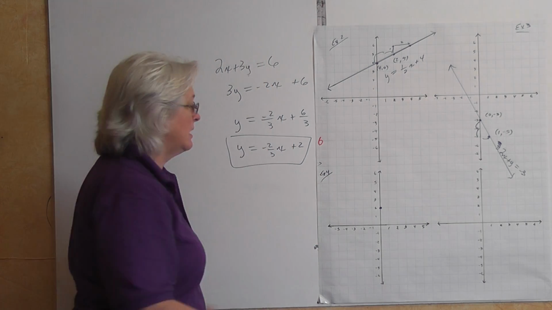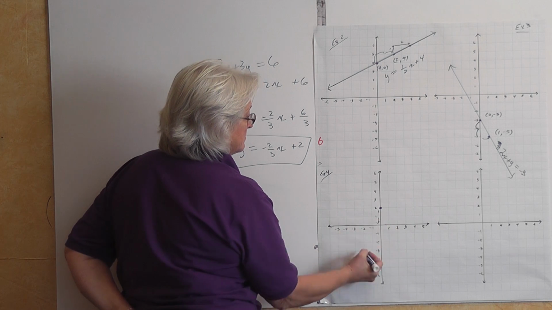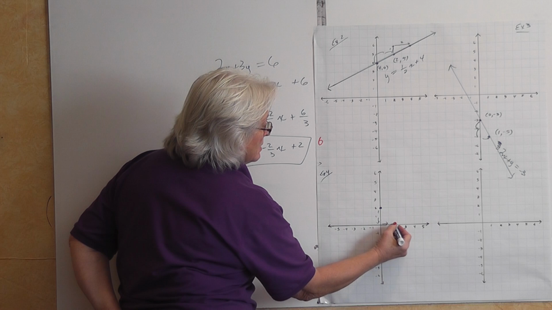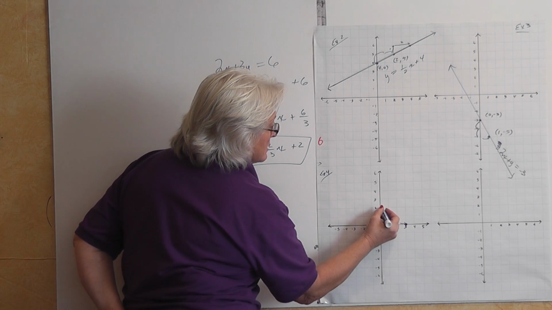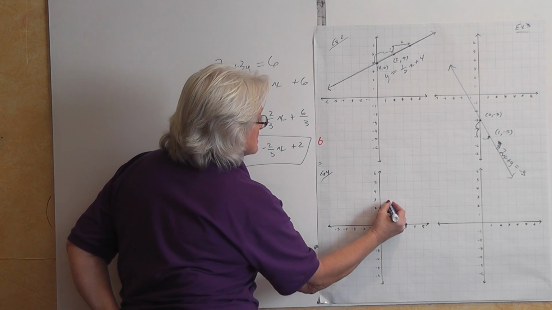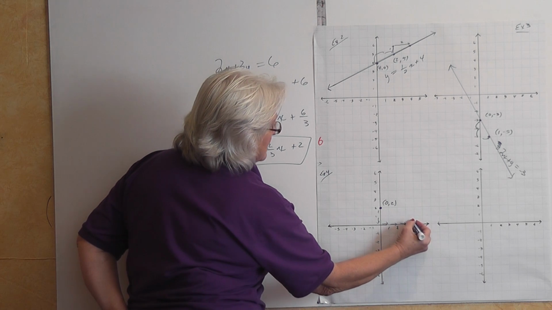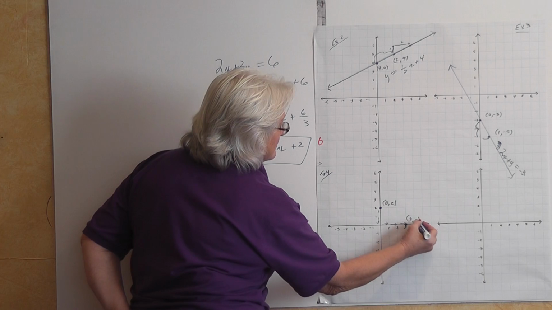Vertically, we're moving down 2 units, 1, 2. Horizontally, we're moving 3 units, 1, 2, 3. So that's the location of our second point. We label our points 0, 2, and x is 3, y is 0.